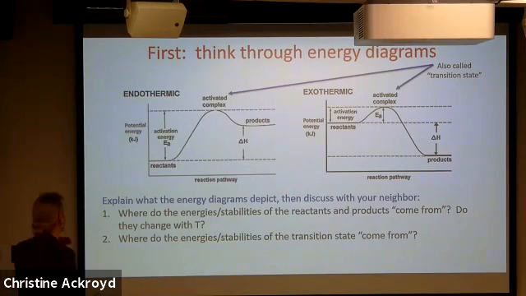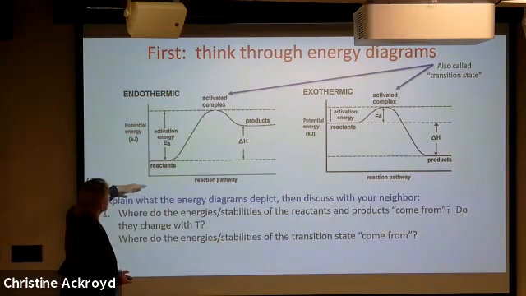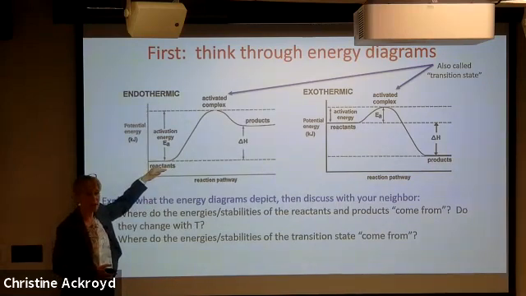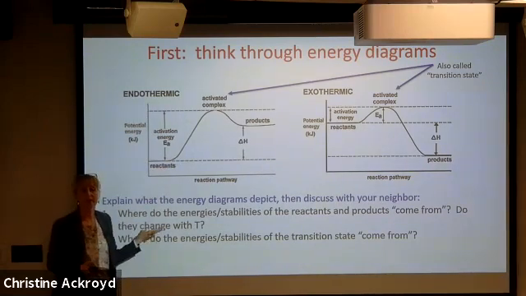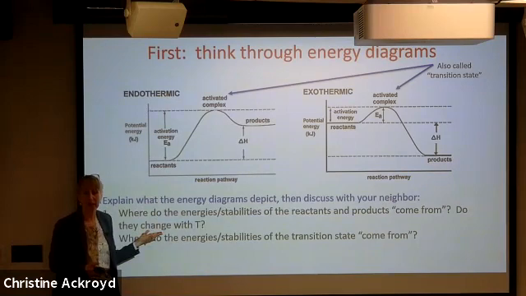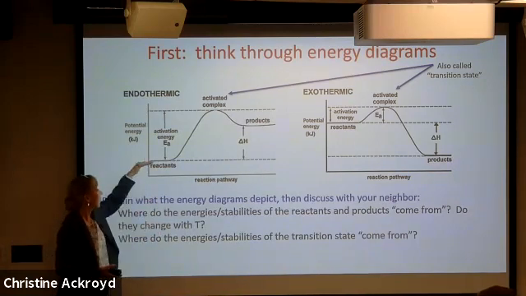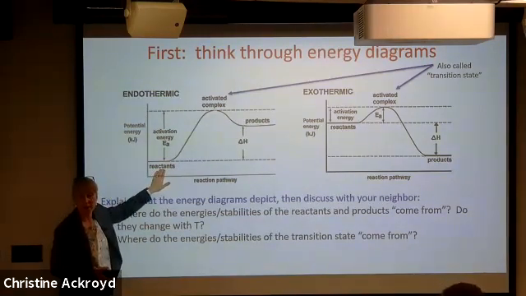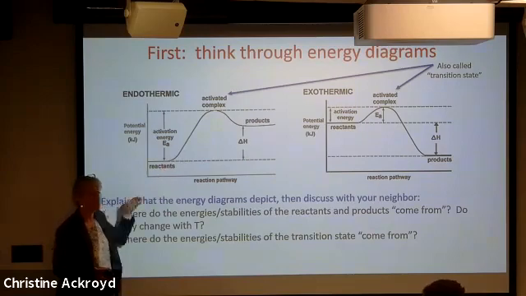No, yeah, totally. So where reactants and products are on the y-axis tells us something about their stability, right? If you have reactants that are lower on the y-axis, that means they're more stable and therefore lower potential energy, right? Okay.